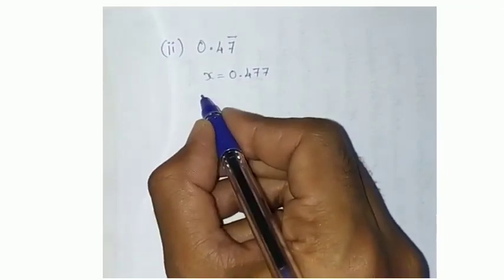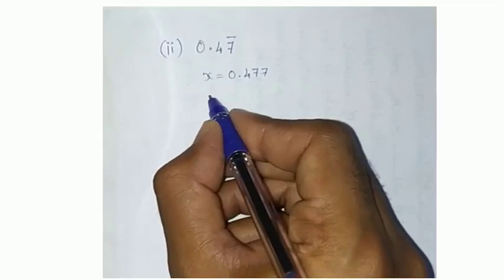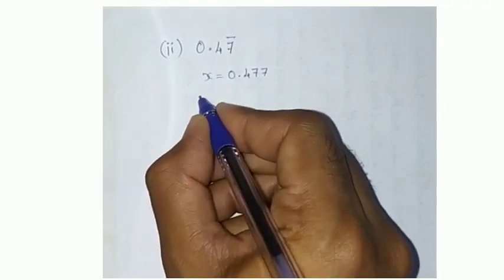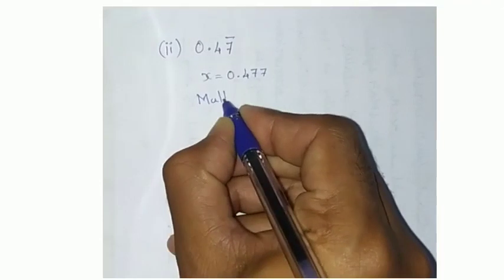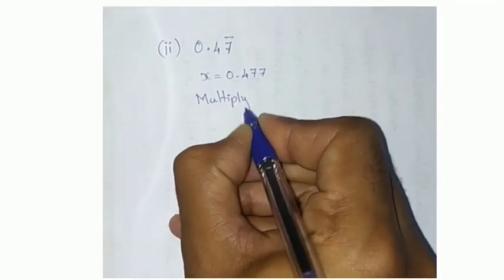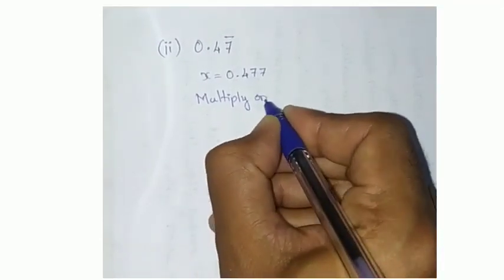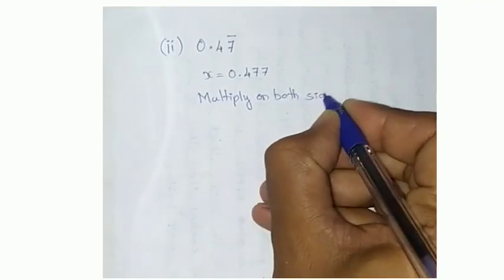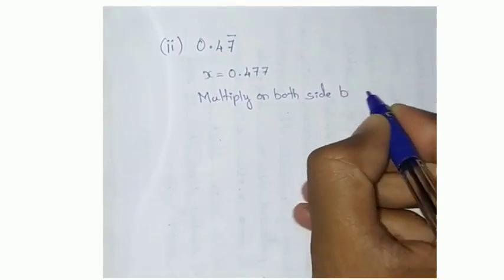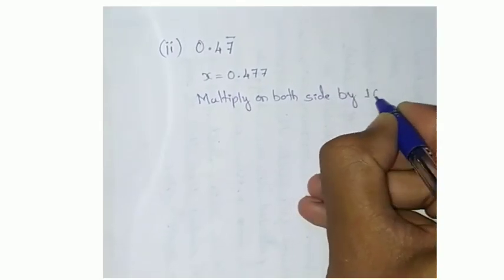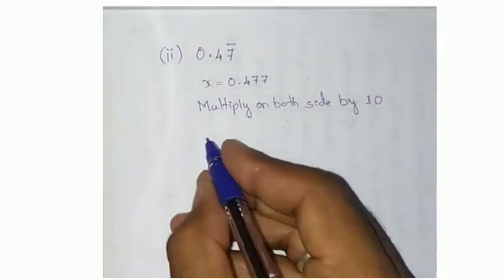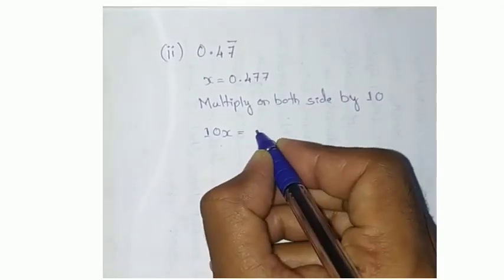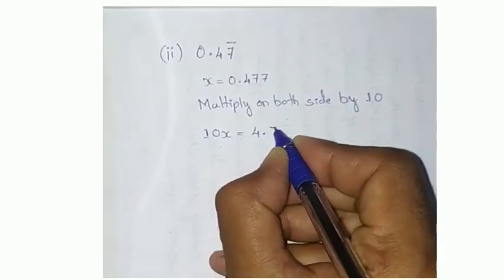Again multiply the number by 10 on both sides. Here we will get 10x equal to 4.77.